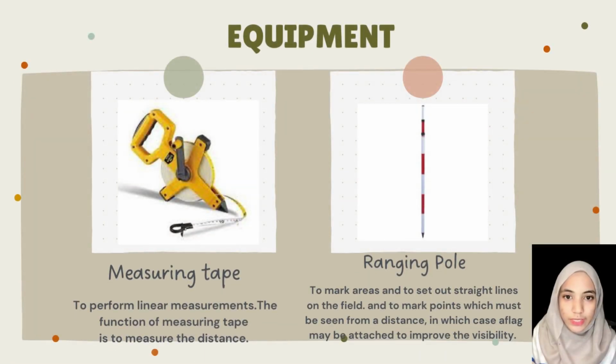Next is measuring tape. Measuring tape is used to perform linear measurements. The function of measuring tape is to measure distance. And the next equipment is ranging pole. Ranging pole is used to mark areas and to set up straight lines on the field, and to mark points which must be seen from a distance, in which case a flag may be attached to improve the visibility.